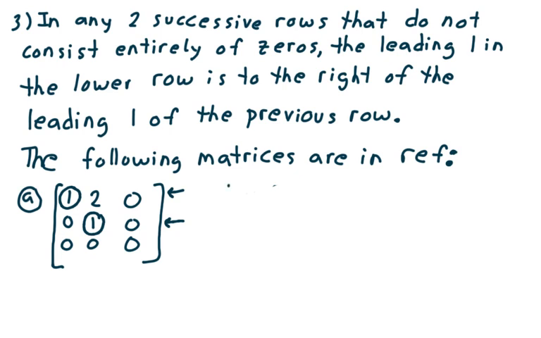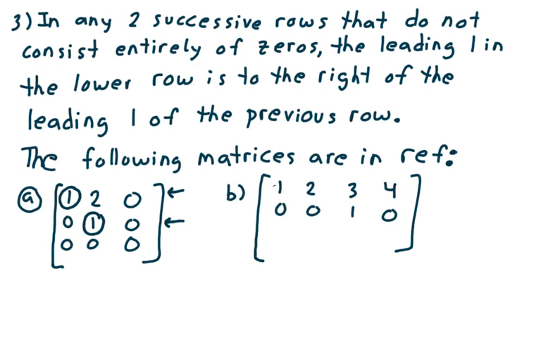Now, let's take a look at B. Suppose I'm given the following matrix. In the first row, we have 1, 2, 3, 4. In the second row, we have 0, 0, 1, 0. In the third row, we have 0, 0, 0, 0. The row of zeros occurs at the bottom.